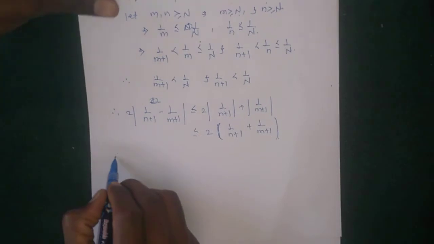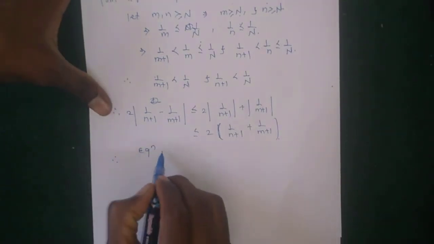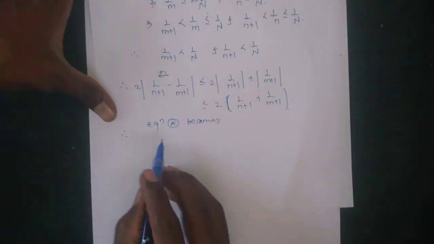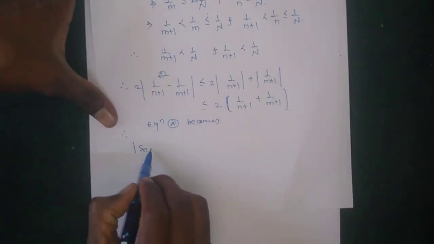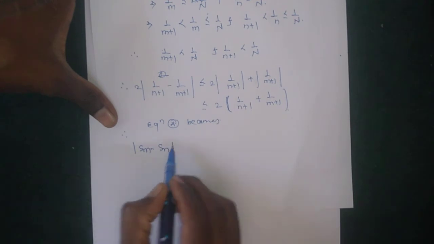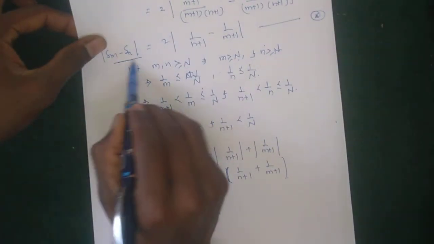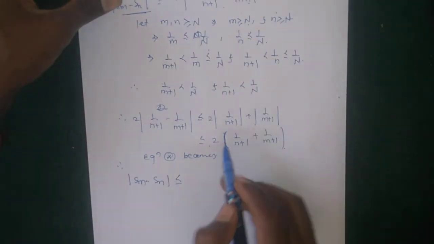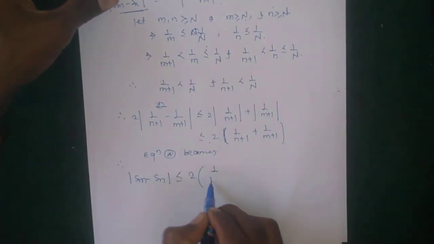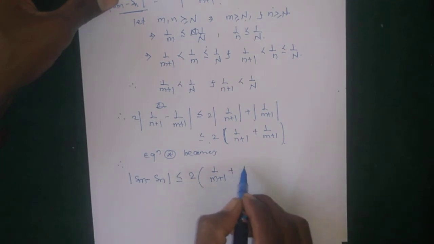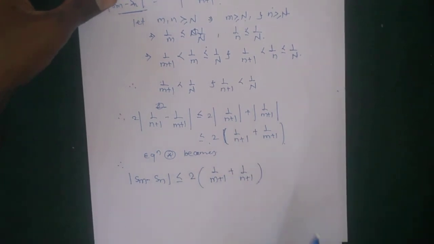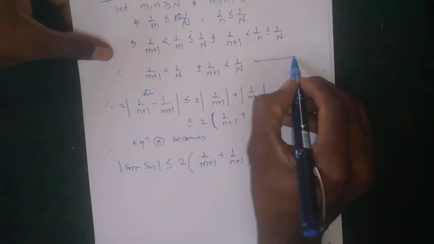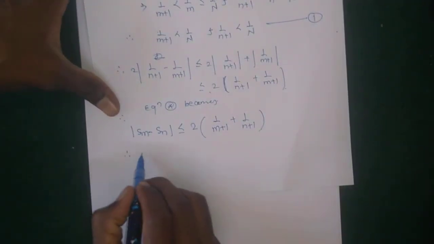So the star equation becomes |Sm - Sn| is less than or equal to 2 times (1 upon m+1 plus 1 upon n+1). Suppose this is equation 1.